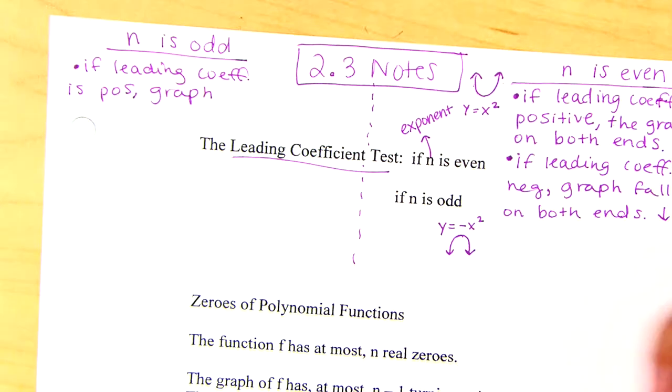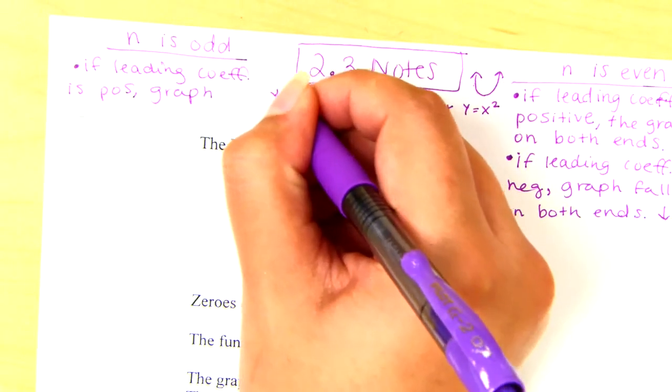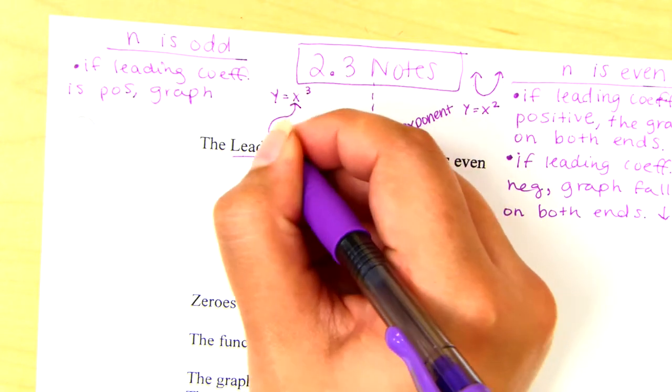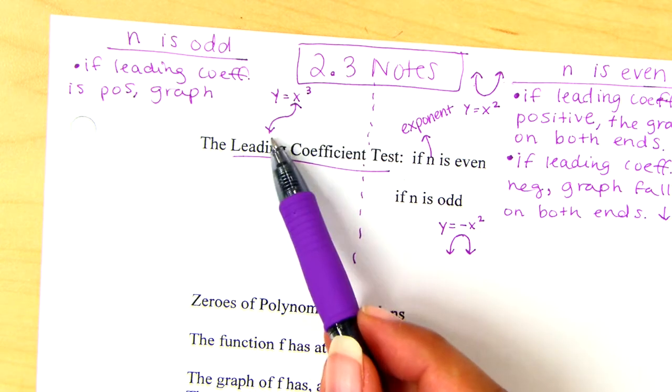What's one you're familiar with? Cubed. So y equals x cubed. It looks roughly like that. So how would we describe it?